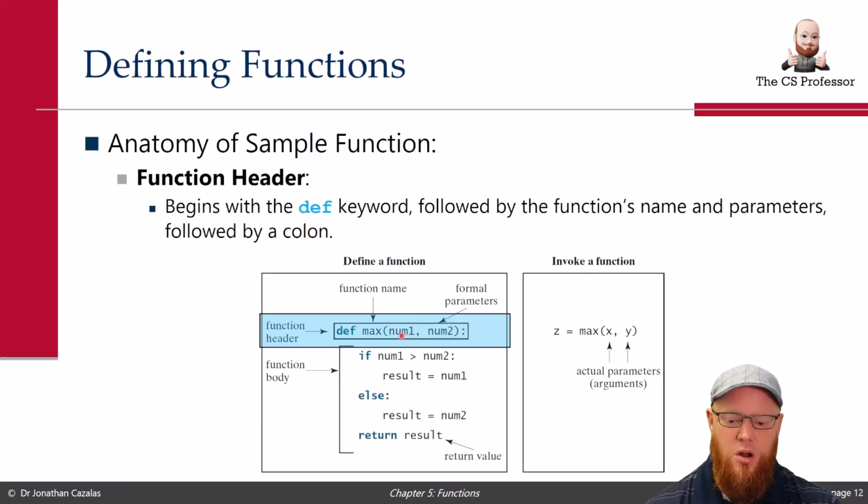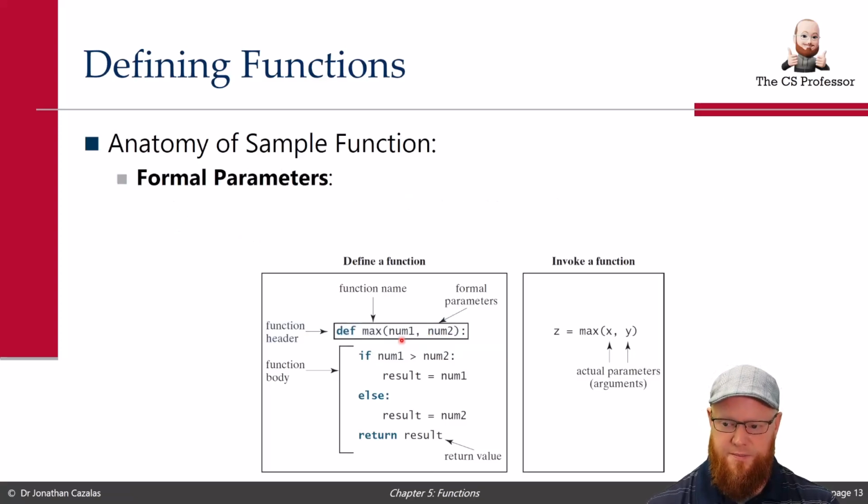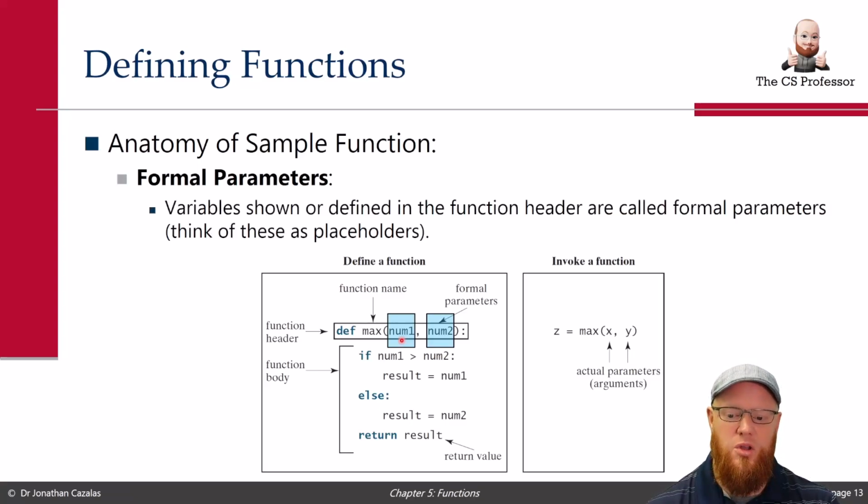These variables are called parameters. We have what are called formal parameters, and then we have the actual parameters. Inside the function header, these parameters are called formal parameters. The way I like to explain it is to say that they are placeholders. No value is actually there until you send a value to this function.